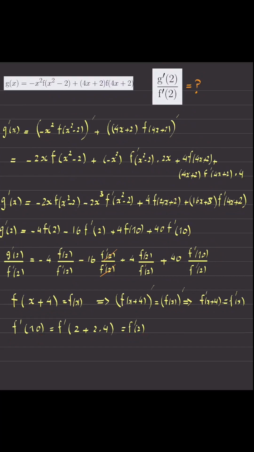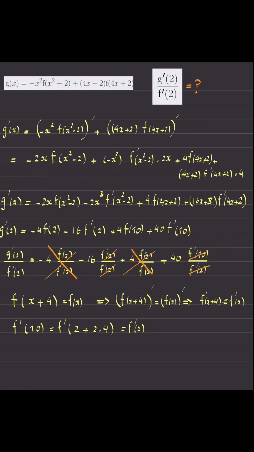So when they are equal, I can also simplify them. So this number is just 40. And now if you see what is happening here, they are just simply equal. So they are gone, yes? So this expression and that expression are simplified, because one of them is minus 4 f of 2 f prime of 2, the other one is plus 4 f of 2 f prime of 2.